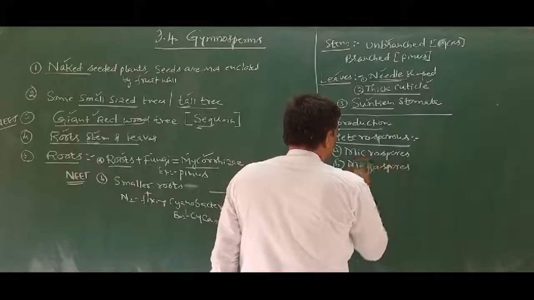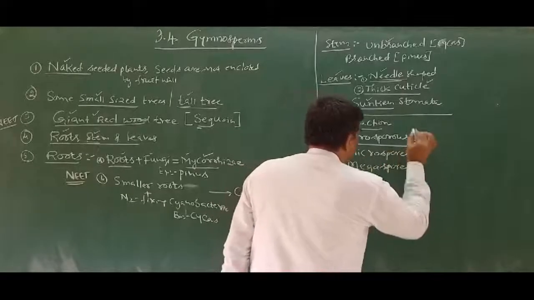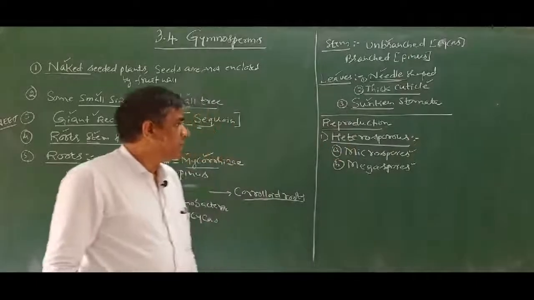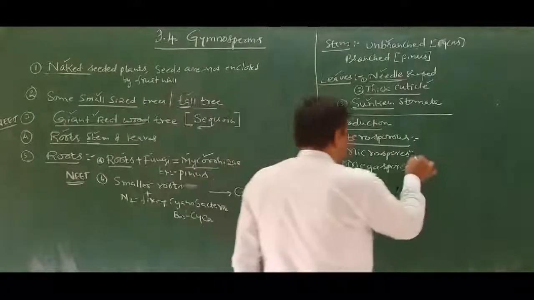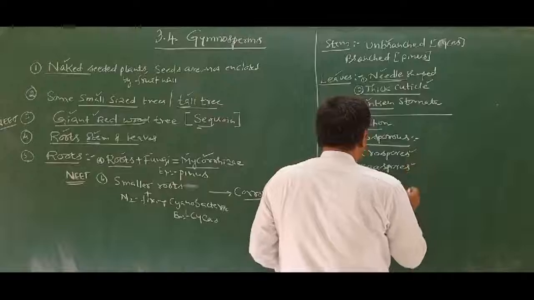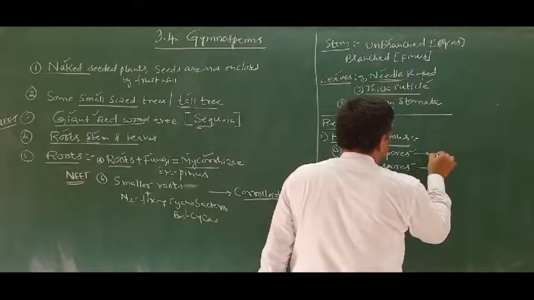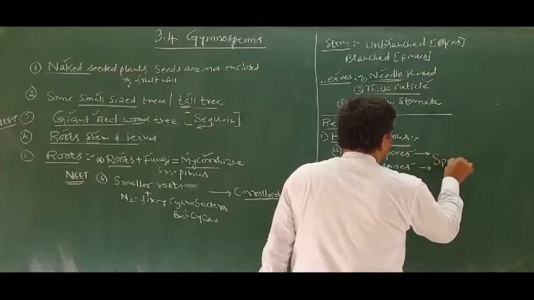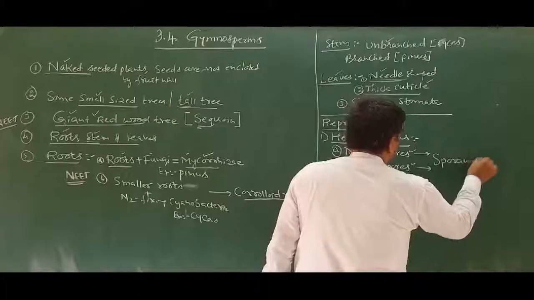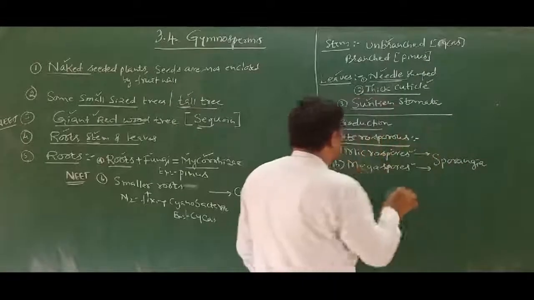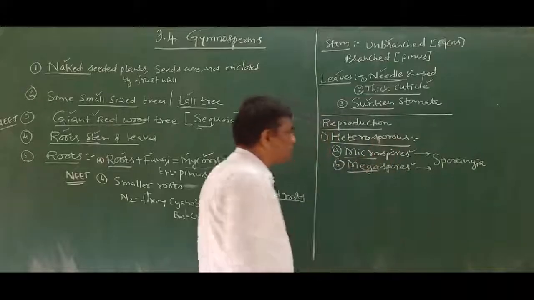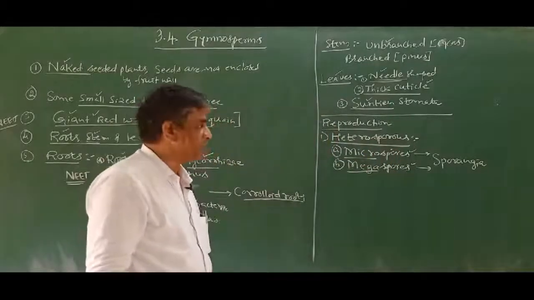They produce two different types of spores, microspores and megaspores. Whatever the spore may be, microspores or megaspores, they are produced in a structure known as sporangia.